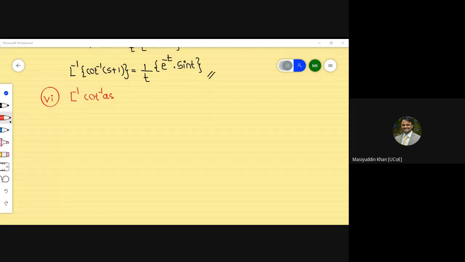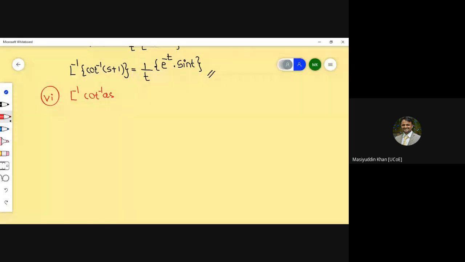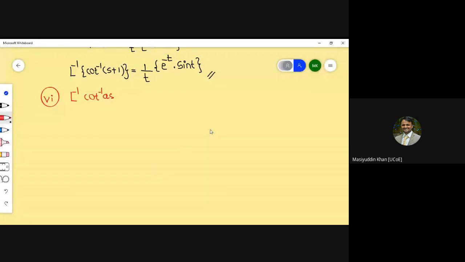Okay, finish. One by t into sine of at. Who else got the answer? Anyway, I will try to solve.